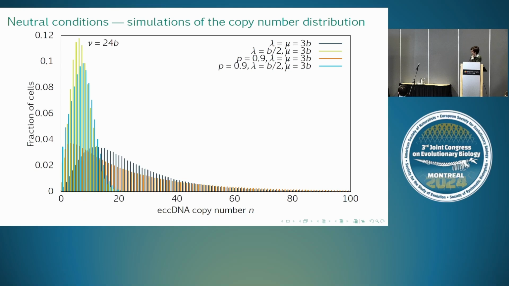And the interesting thing here is, this was unbiased segregation. Now we're adding in the strongly biased segregation, and we can see this strong effect of the biased segregation increasing the variability in this distribution, and as a result, also driving us towards increasing the mass on the very low copy number end of the distribution.